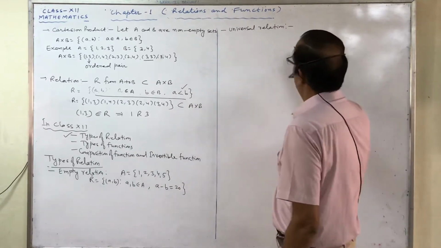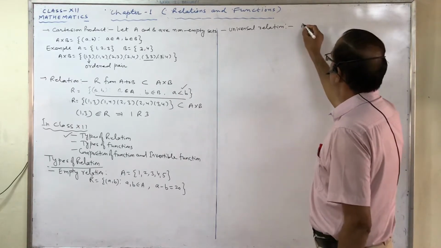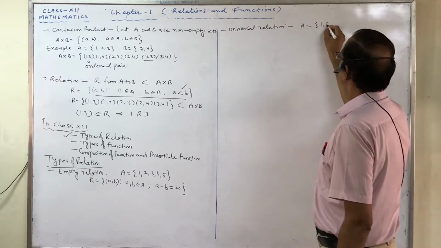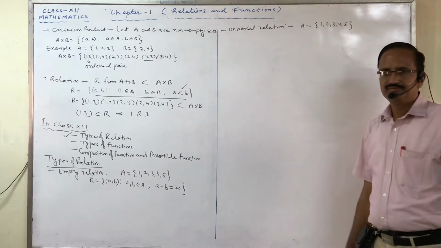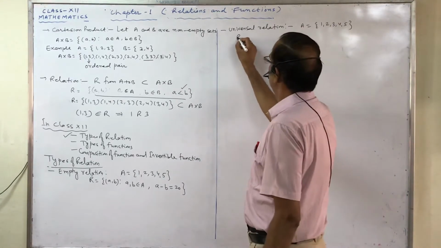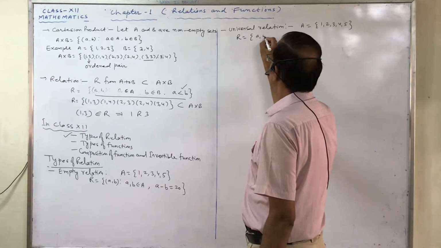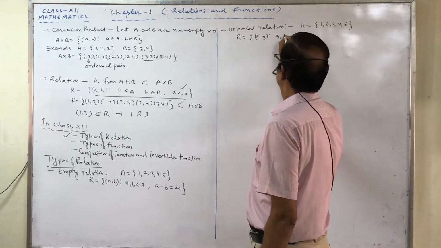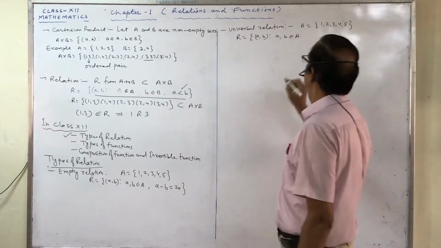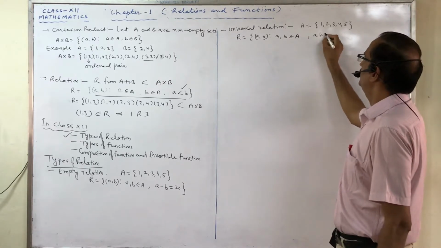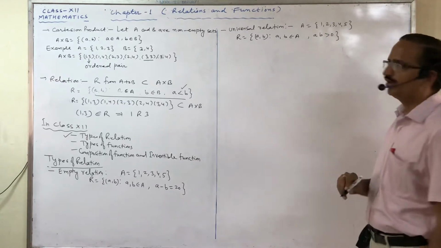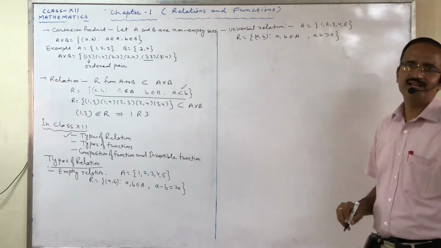For example, again for the same set, suppose A is the set containing these 5 elements and the relation is R = {(a, b) : a, b both belong to A and the condition is ab > 0}, means the product of two elements is greater than 0.